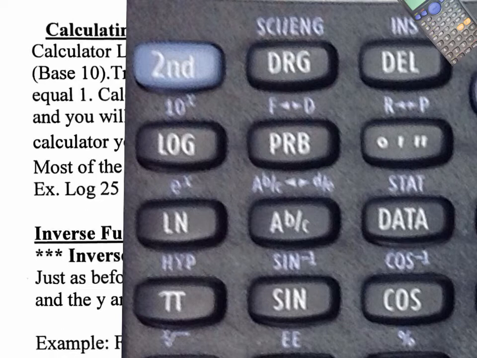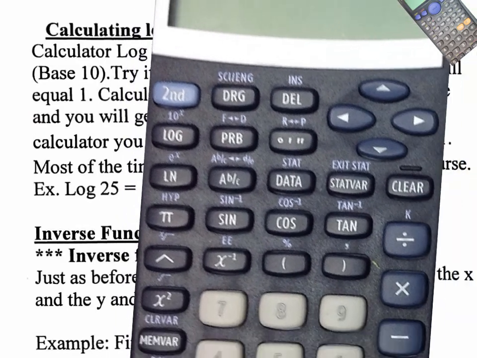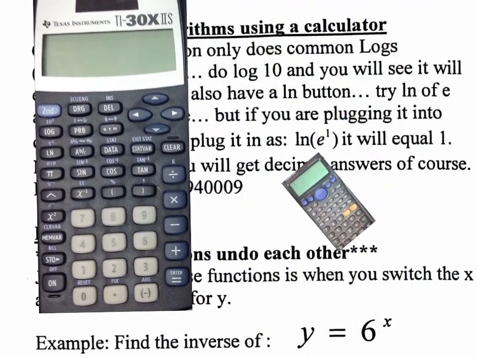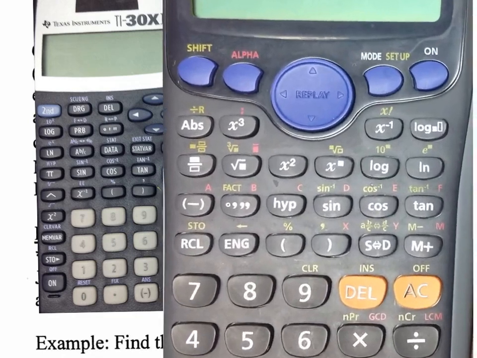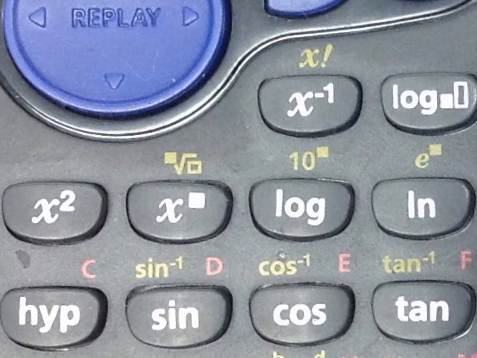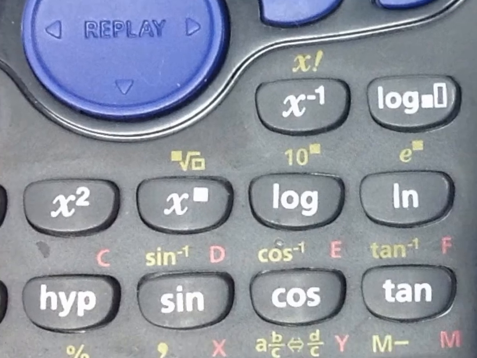But the thing is, this log is base 10. The calculator only does base 10, unless you have a graphing calculator or a more powerful calculator that could do different bases. But this log button on the TI is base 10, okay? And this other one over here, also the log button, which is right there, is base 10 as well.